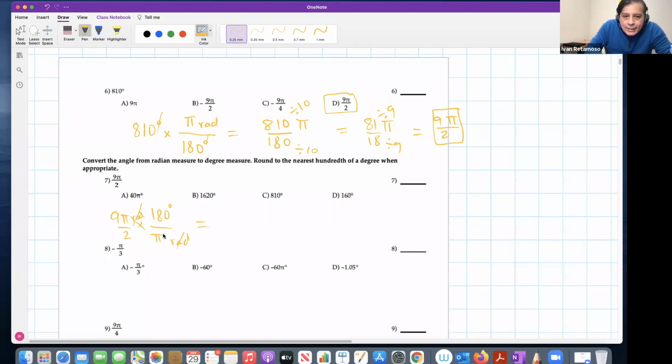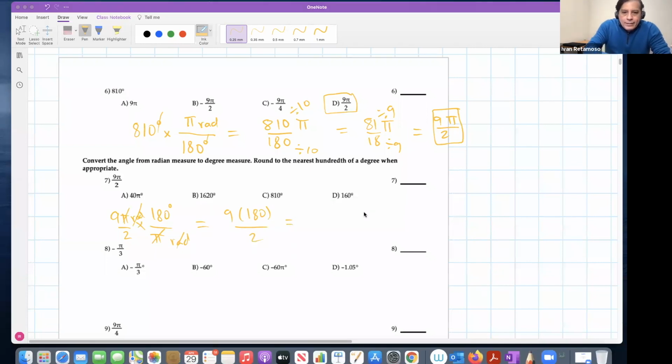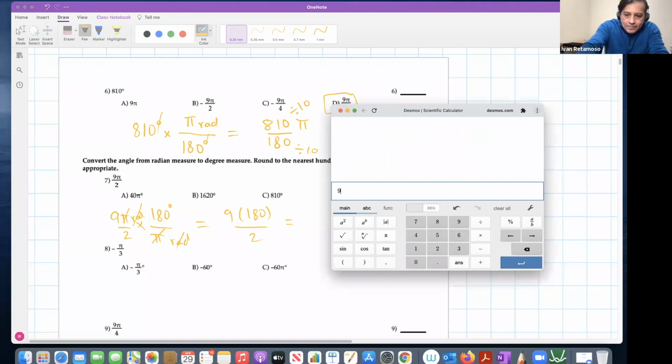So pi cancels. Final result 9 times 180 over 2. This is something you can get in your calculator: 9 times 180 over 2 is just 810 degrees, right?